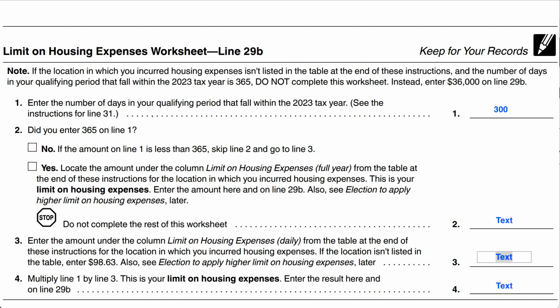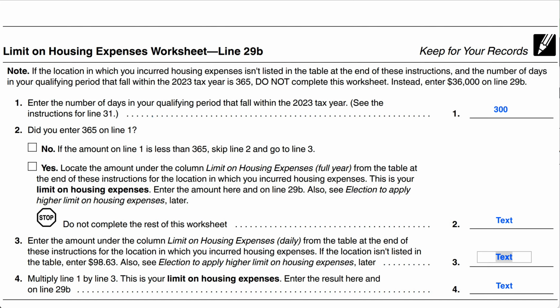For example, and this is an example straight out of the IRS instructions. If you establish a tax home and a bona fide residence in a foreign country, let's say on August 14th, and you maintain this as your tax home and residence through the end of 2023, and you consider yourself to be a calendar year taxpayer, the number of days within your qualifying period that fall in the 2023 tax year would be 140 days.